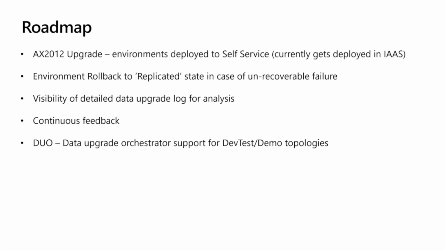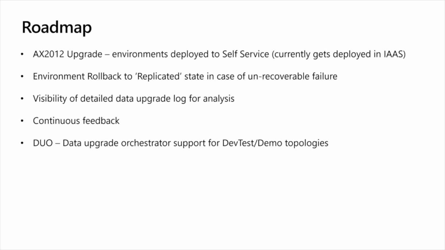Then we are also planning to bring rollback capabilities to replicated status in case of any unrecoverable failure. So, for example, your data upgrade failed, you are not able to recover or resolve the issues. You want to bring the environment back to replicated state, so you don't have to actually start the replication all over, right?